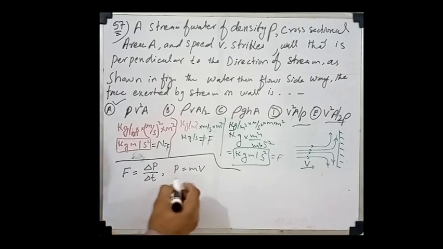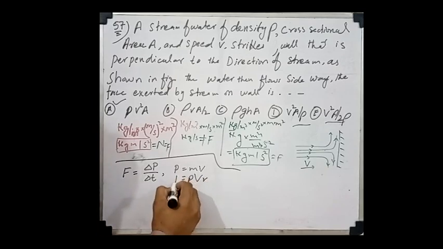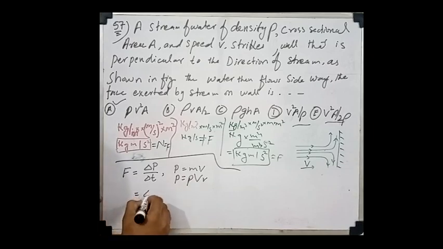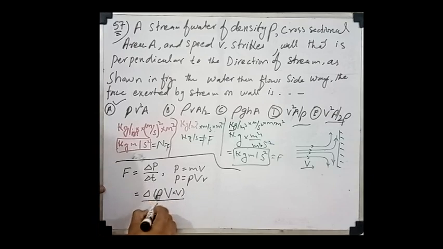Now mass is equal to rho V, where V is volume, and v is speed. We can write that the change in momentum is equal to rho V multiplied by the velocity of the water, divided by delta t.